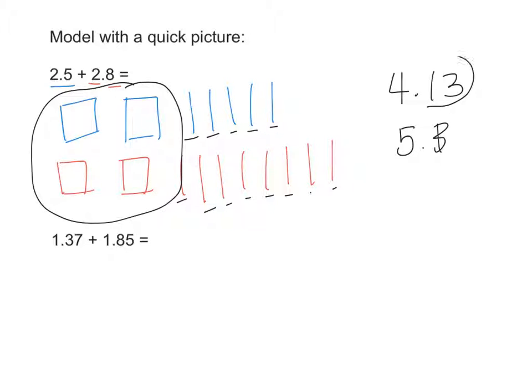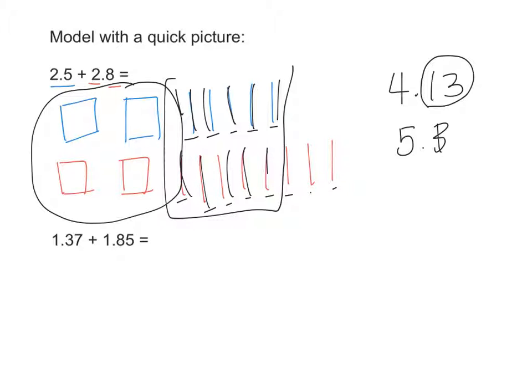Do I have more than 10 tenths? Yes. So I can trade in 10 of those tenths to become 1, right? 10 of these, 1, 2, 3, 4, 5, 6, 7, 8, 9, 10. These 10, I can trade them in for another flat, right? So then I have 5 ones and 3 tenths. So the answer is 5 and 3/10.